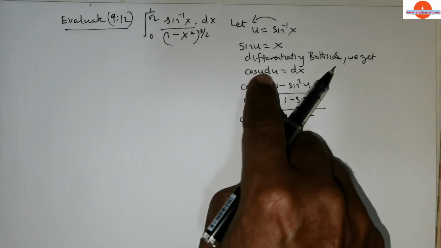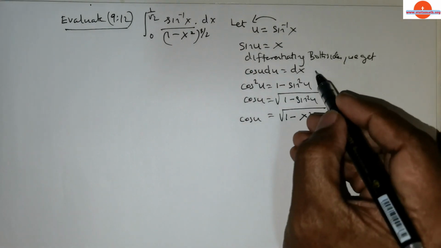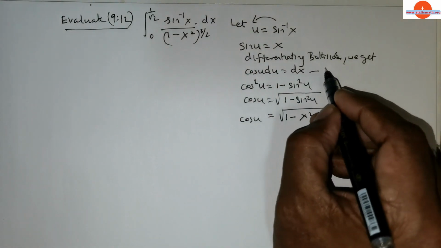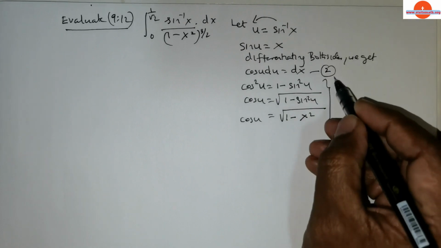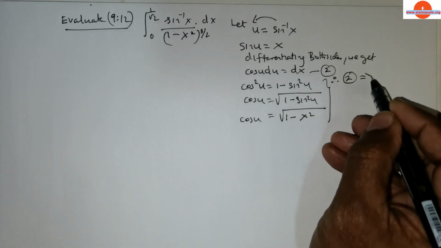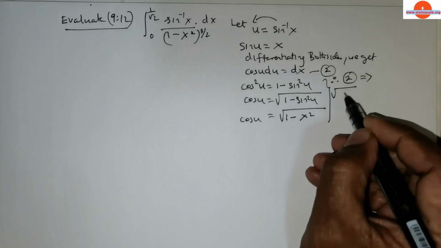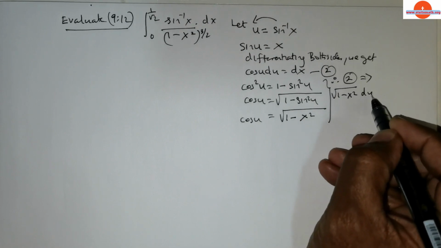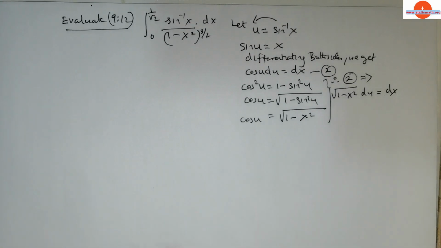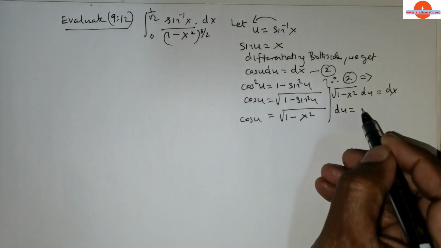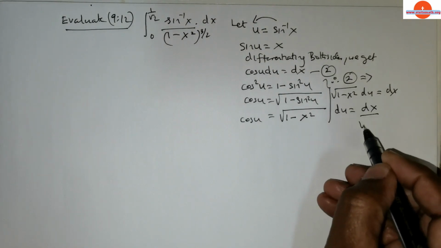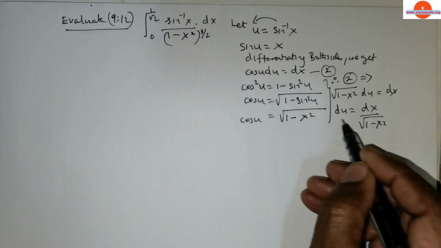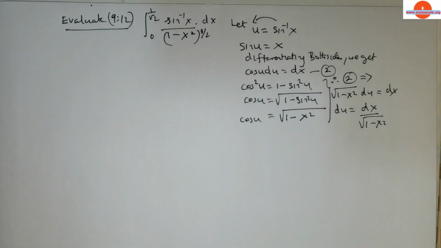So in the place of cos u, I would substitute this. So root of 1 minus x squared times du is equal to dx. So du is going to be equal to dx divided by root of 1 minus x squared. This is the expression for du.